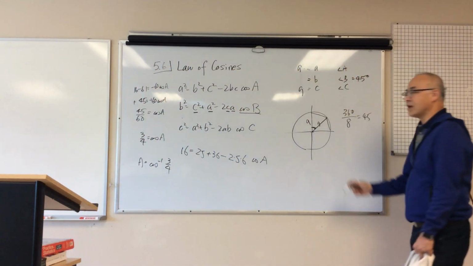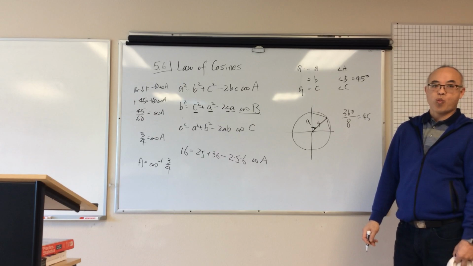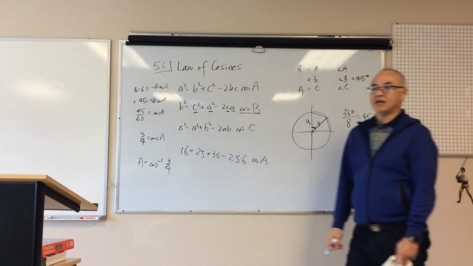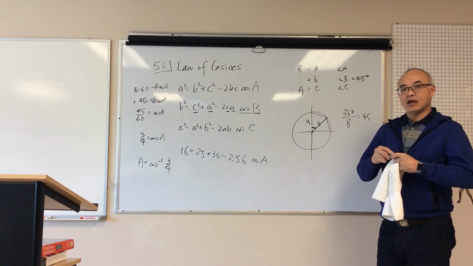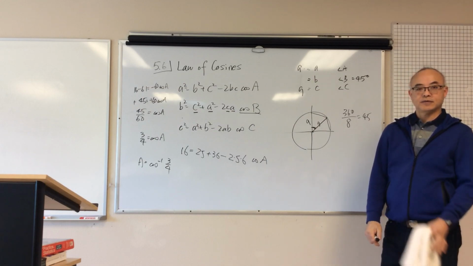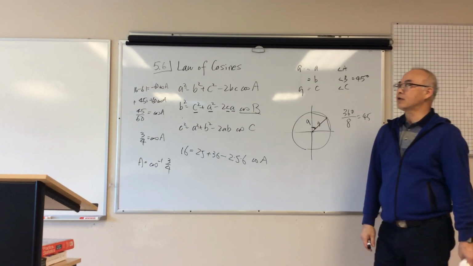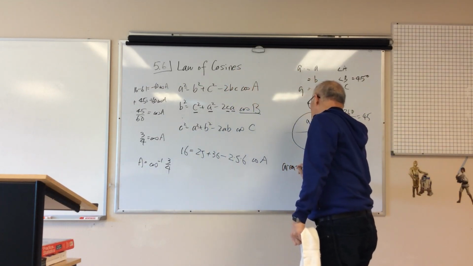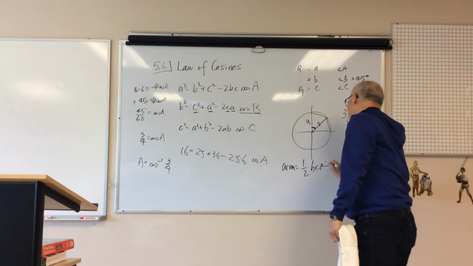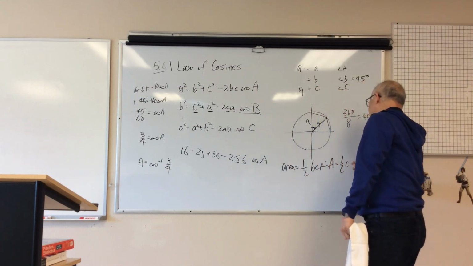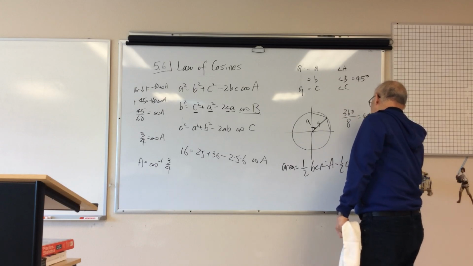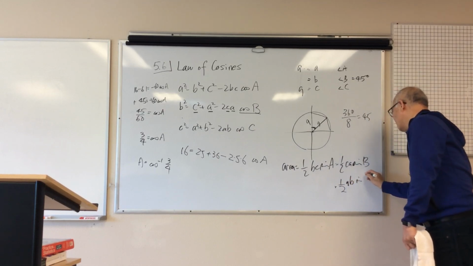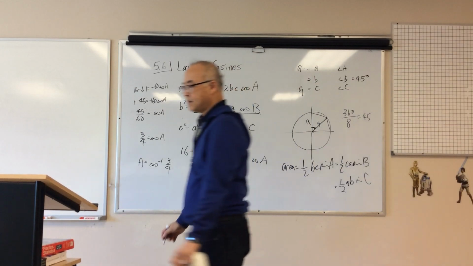Okay, so how do you find the area here of a triangle? Go to page 444. In the middle, there is an equation there. The area of a triangle is 1/2 BC sine A, same as 1/2 CA sine B, or 1/2 AB sine C. Okay?